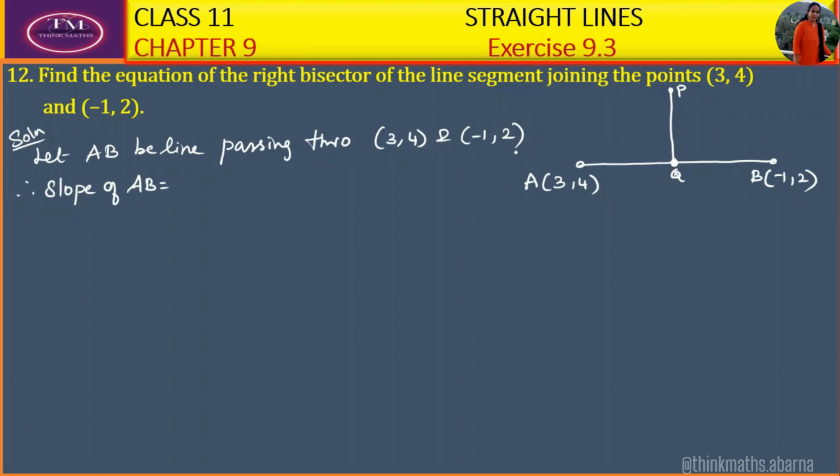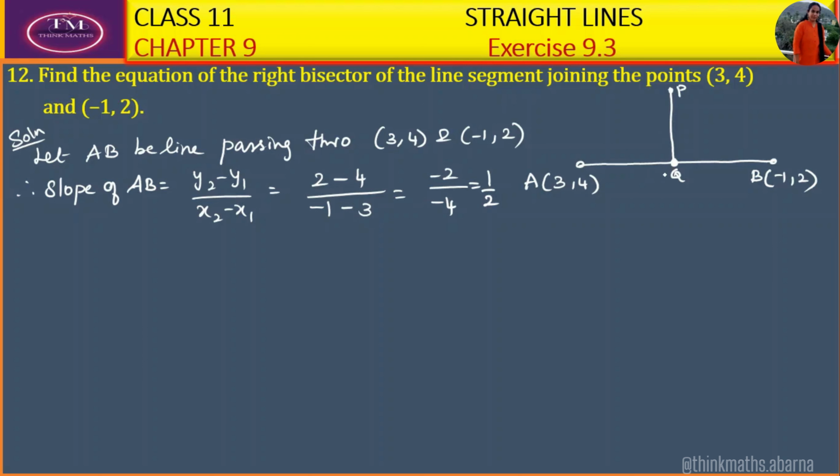If two coordinates are given, slope is y2 minus y1 divided by x2 minus x1. So y2 is 2 minus y1 is 4, x2 is minus 1 and x1 is 3. 2 minus 4 is minus 2. Minus 1 minus 3 is minus 4. So both the negatives get cancelled. 2 by 4 is 1 by 2. So slope of AB is equal to 1 by 2.